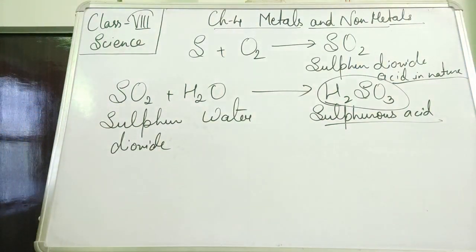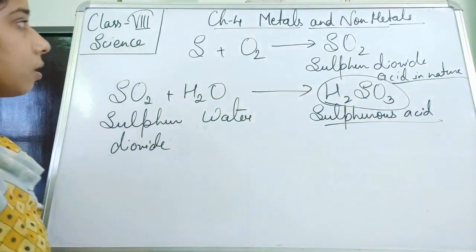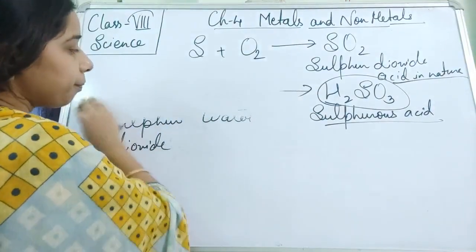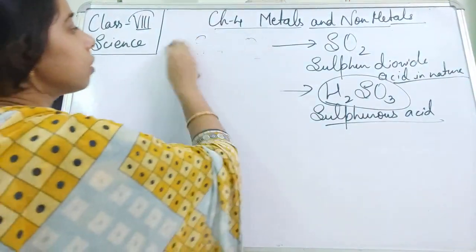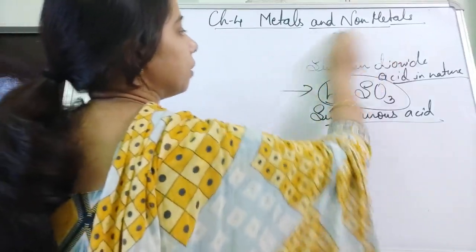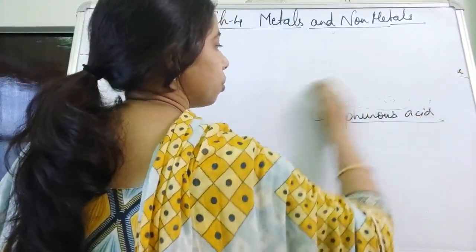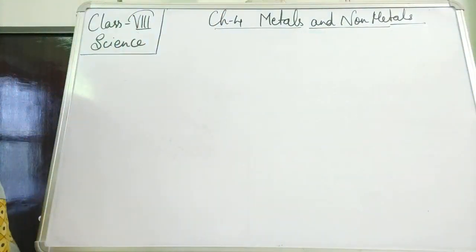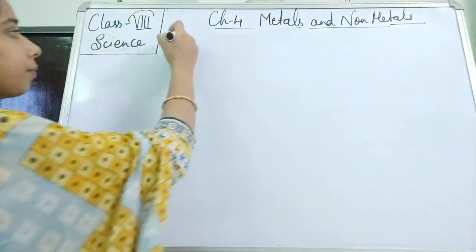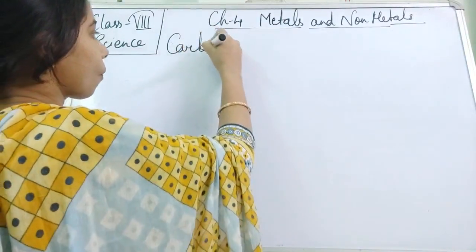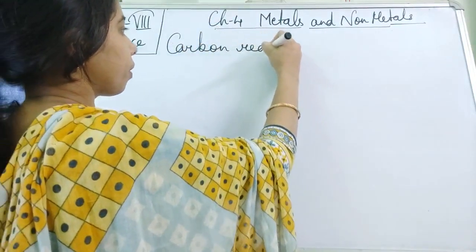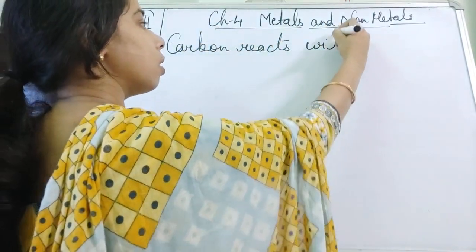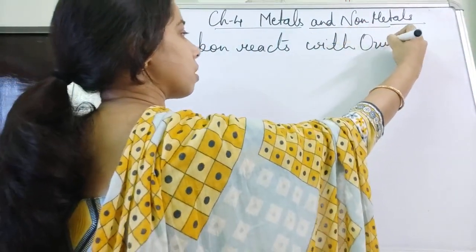Another example, students, that we can take for the non-metals, to see whether they will react with oxygen or not, is carbon. So let us see what happened when carbon reacts with oxygen.